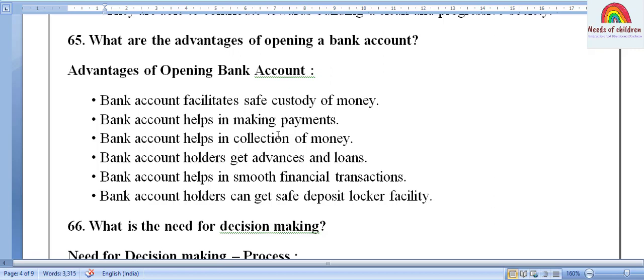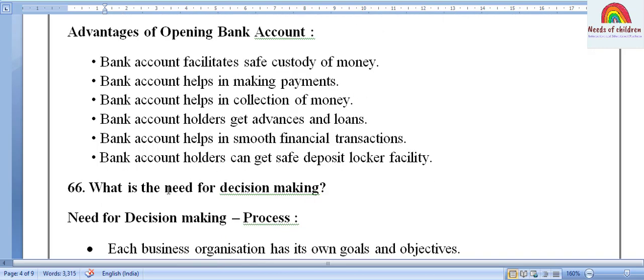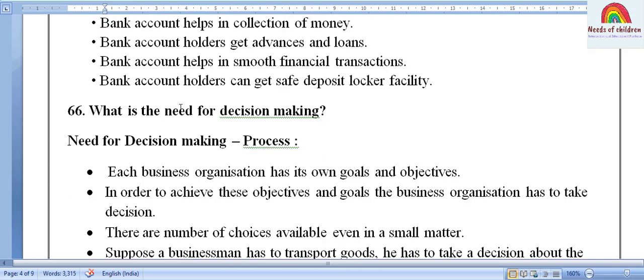Bank account helps in making payments. Bank account helps in collection of money. Bank account holders get advances and loans. Bank account helps in smooth financial transactions. Bank account holders can get safe deposit locker facility. Let's move on to next question.